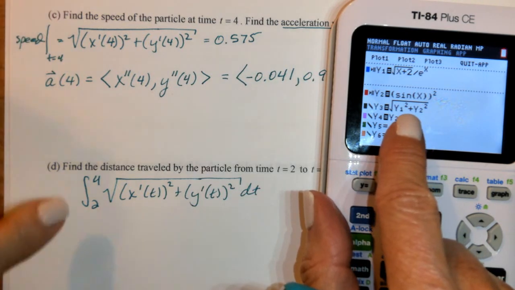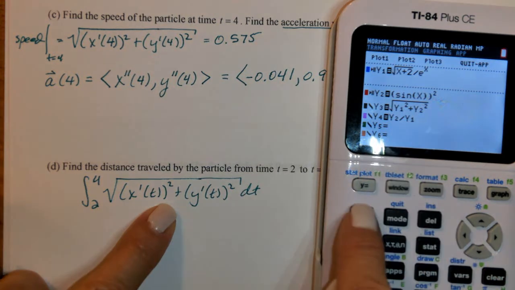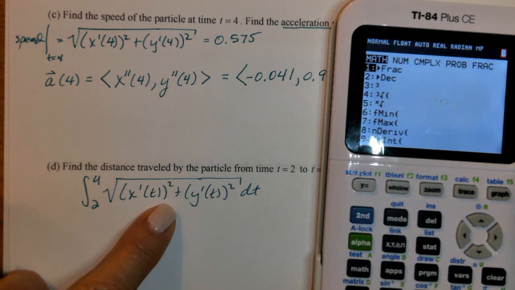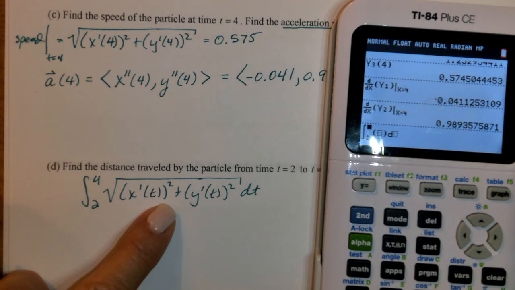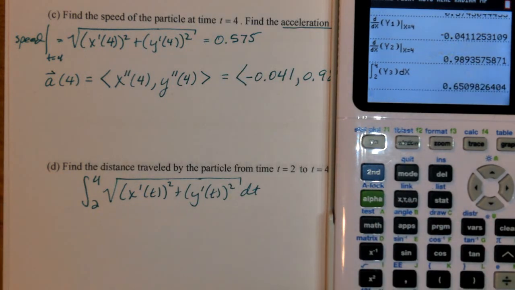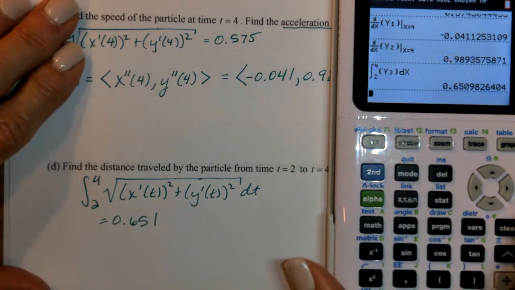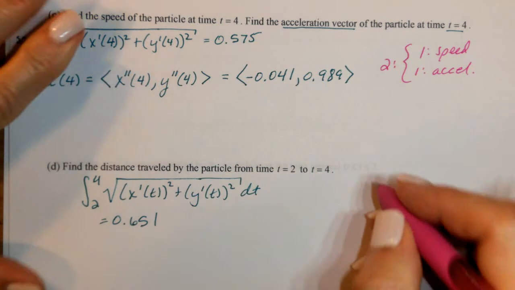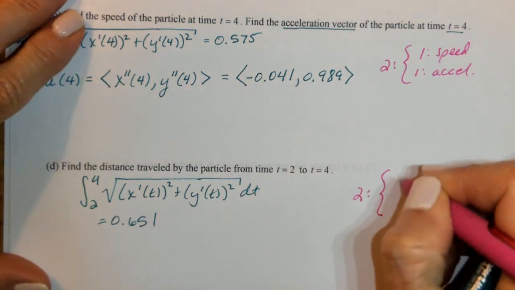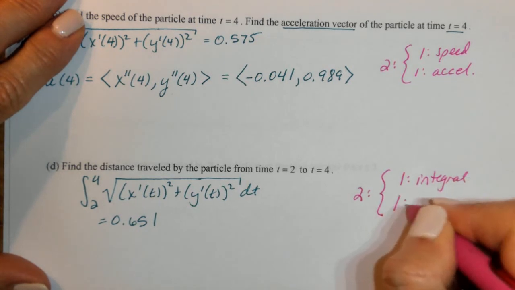So all I need to do is the integral from 2 to 4 of my y3. That gives .651, and that was worth 2 points: 1 point for the integral, the expression for distance, and 1 point for the answer.